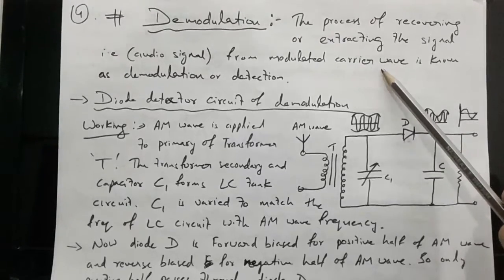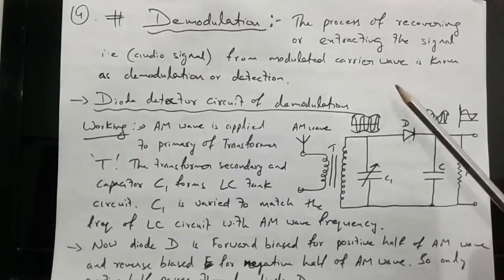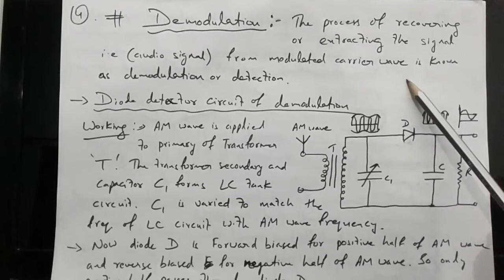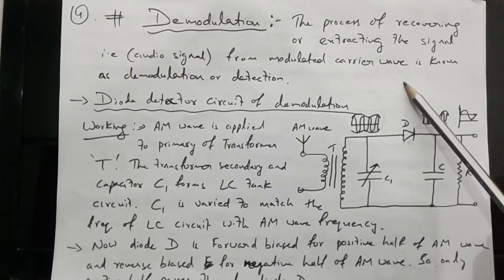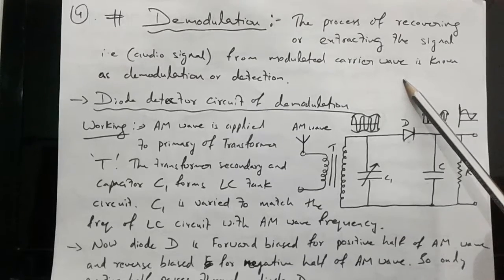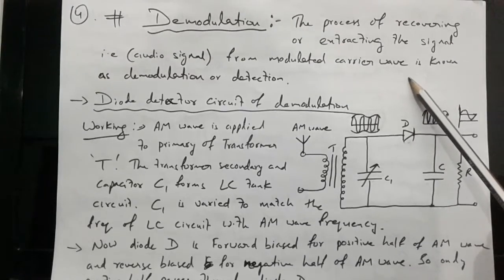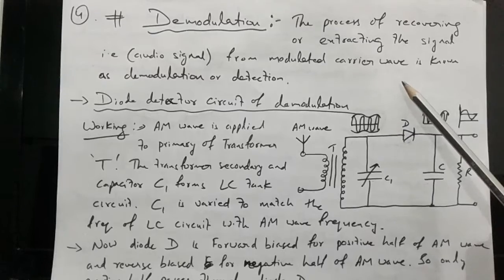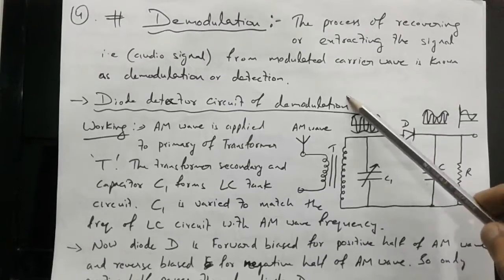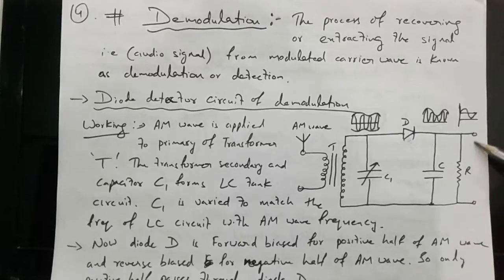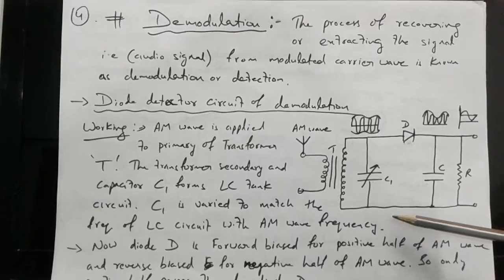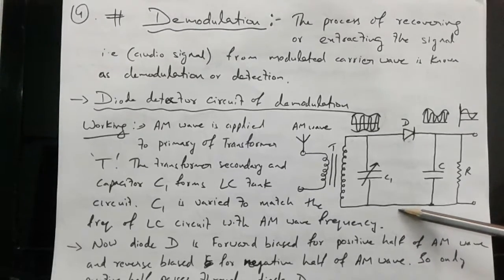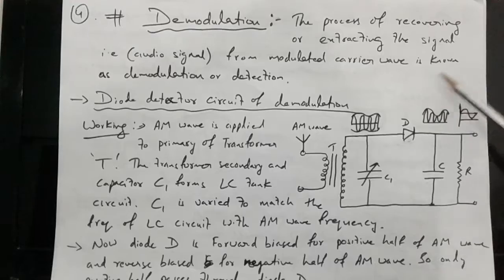In demodulation, as we reach our desired destination where we want to take that signal, or we want to use that signal, at that place we put a demodulating circuit. The function of the demodulating circuit is to separate the audio or video signal from the modulated signal.